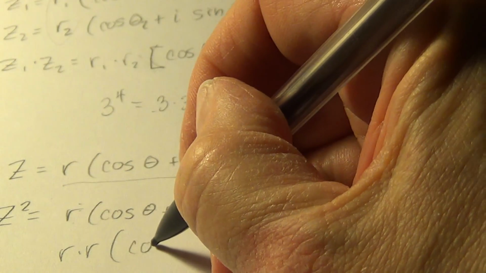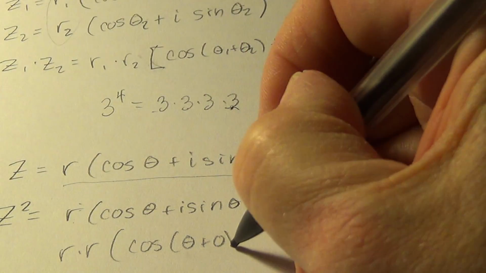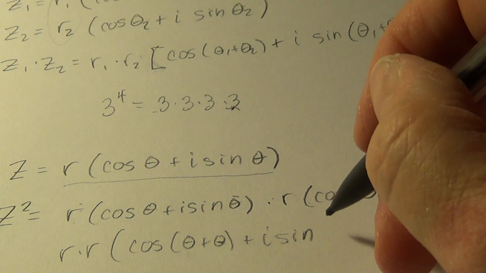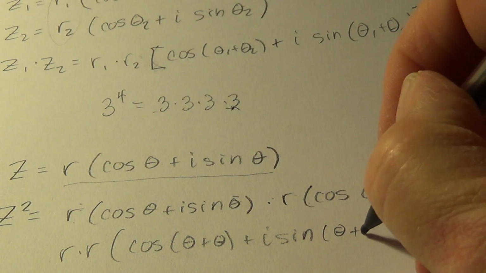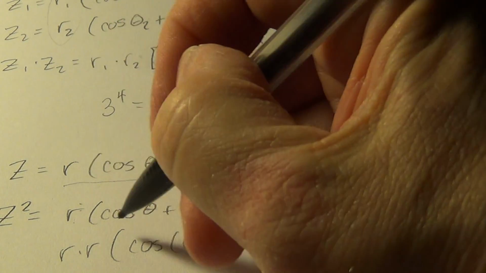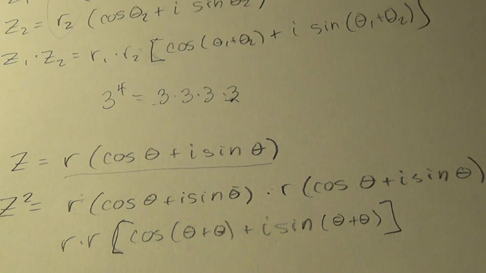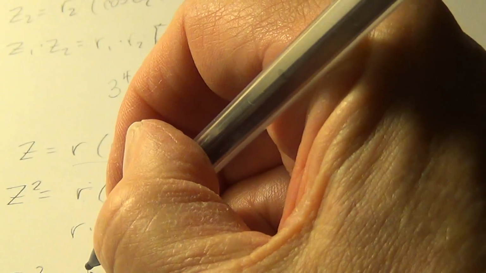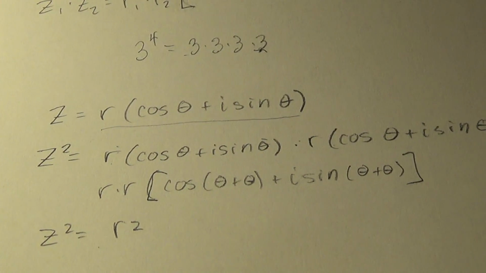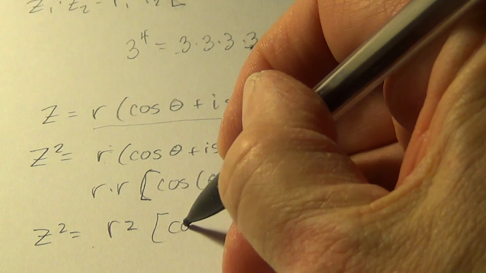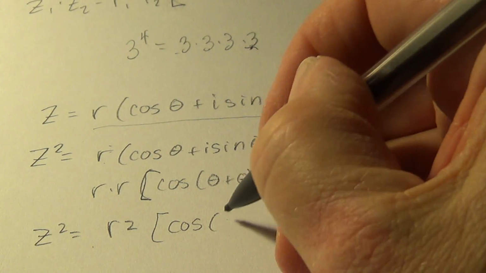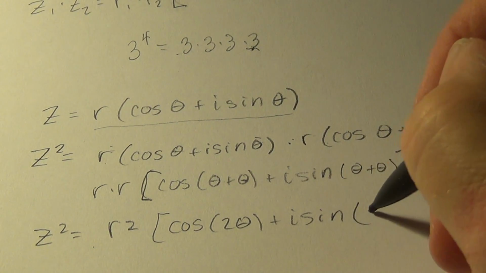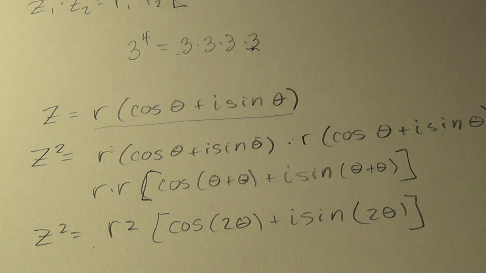So I'm going to have cosine of theta plus theta, i sine of the added angles. And let me make that into a bracket. Simplifying that, I get z squared is r squared times cosine of theta plus theta, which is 2 theta, and 2 theta with the i sine.